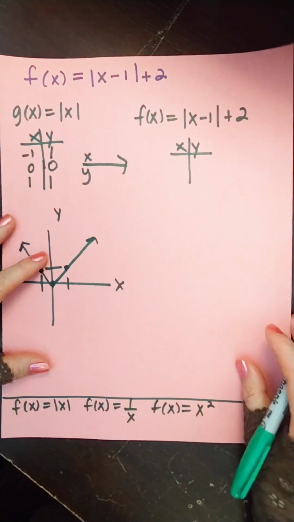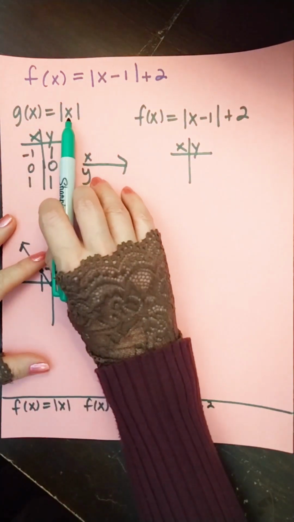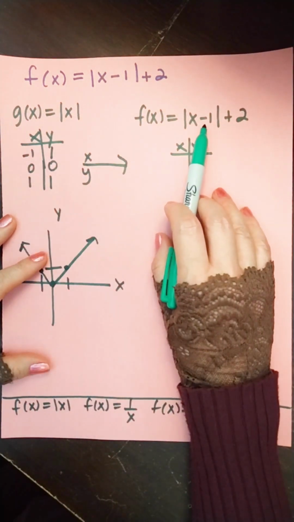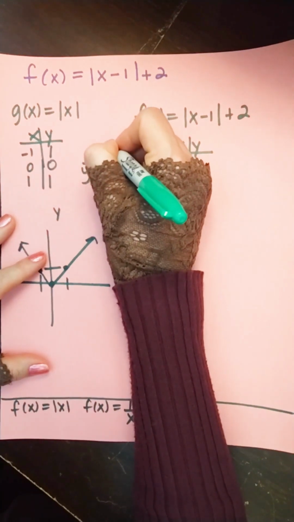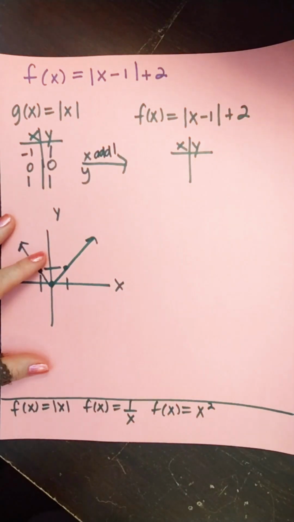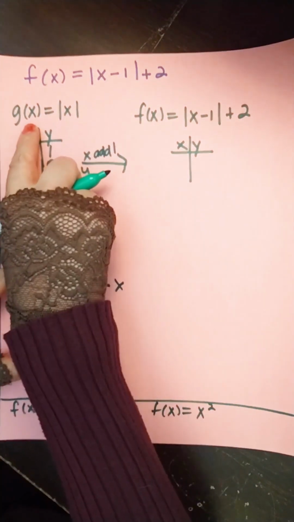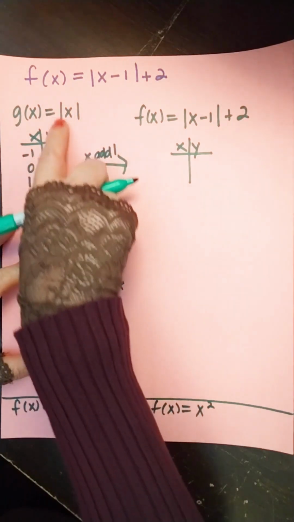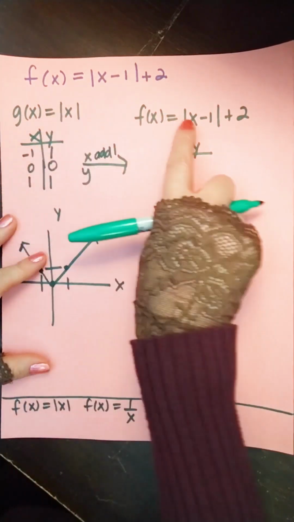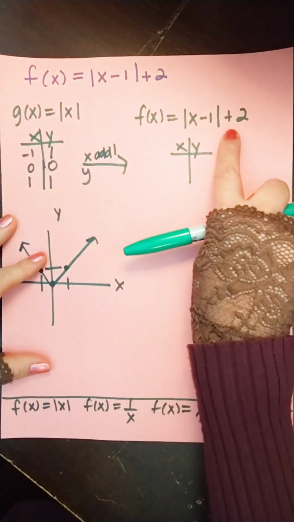So let's look at our transformation again. From this x to this x, namely, we're looking at the arithmetic. So it says subtract 1, but we always do the opposite with x. We're going to add 1. And then g of x is the same thing as saying y. Y is the absolute value of x. So from this y, and bringing that y over, we're adding 2.